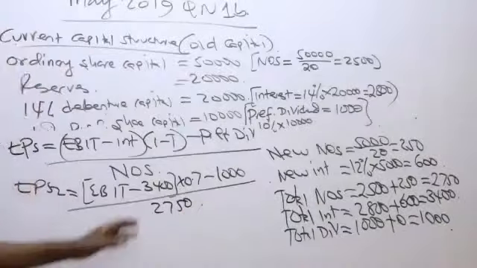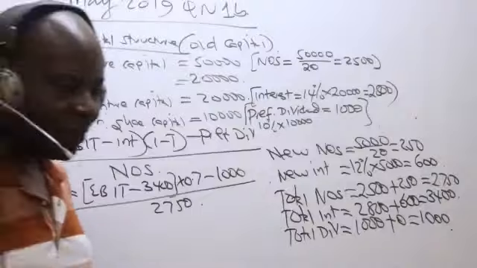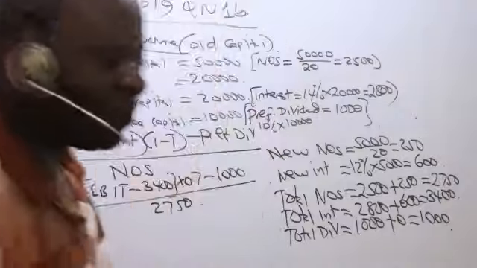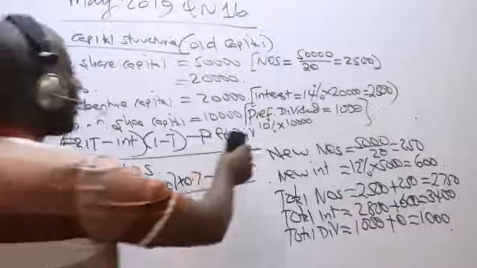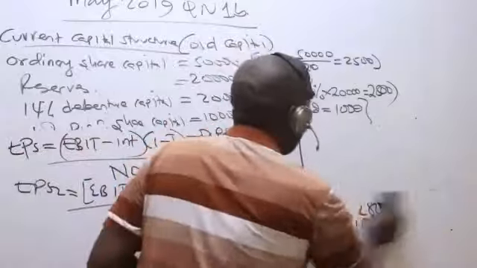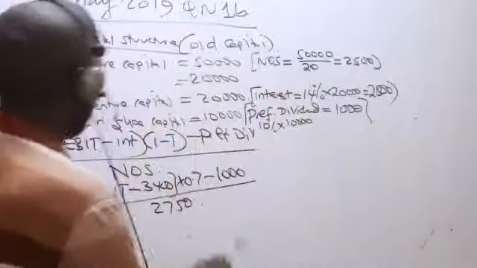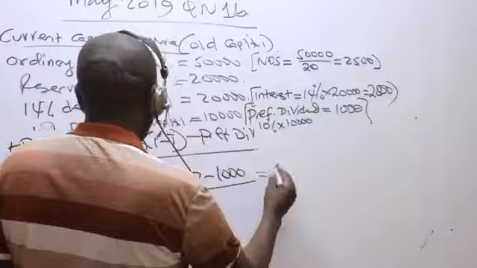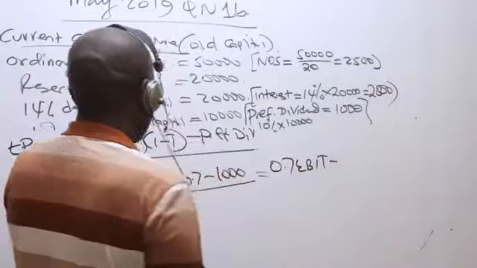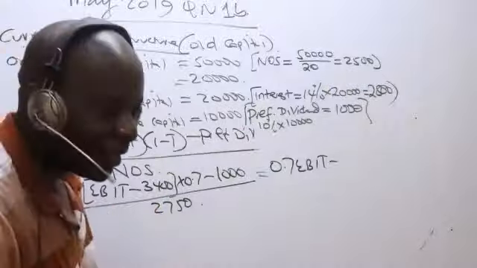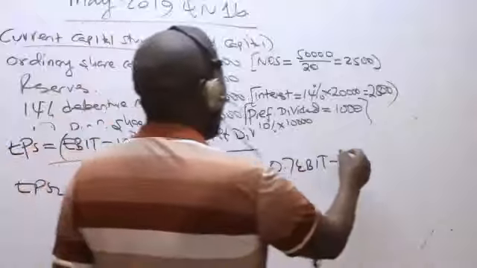Please go ahead and open up the brackets. What do we have here? When you open the brackets, we have 0.7 EBIT minus, this times this gives me 2,380.